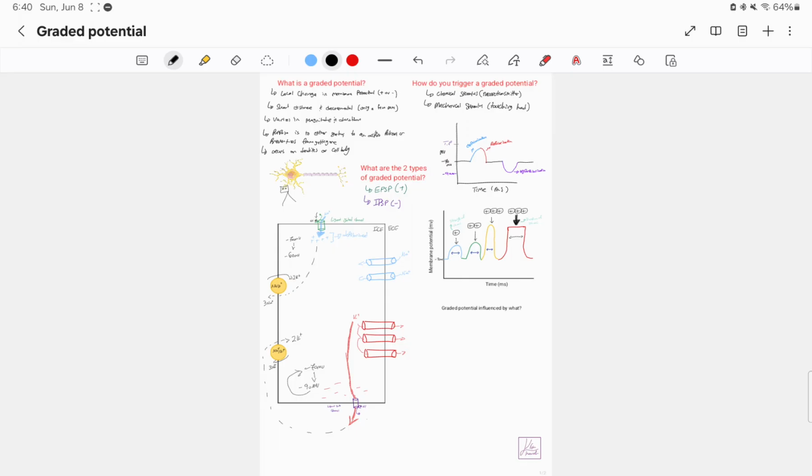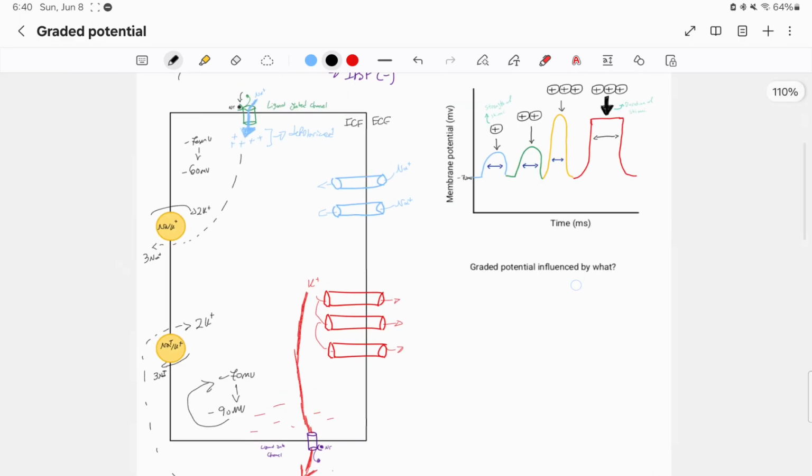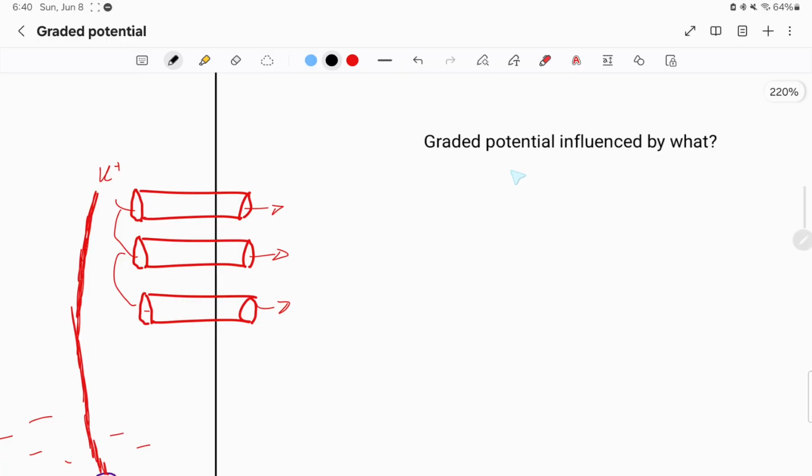Now, what is a graded potential actually influenced by? Well, it's influenced by two things, okay? The first one is the strength of the stimulus. Since in our case the neurotransmitter is the stimulus, if the strength of the stimulus is very, very high, then that will affect my graded potential a lot.